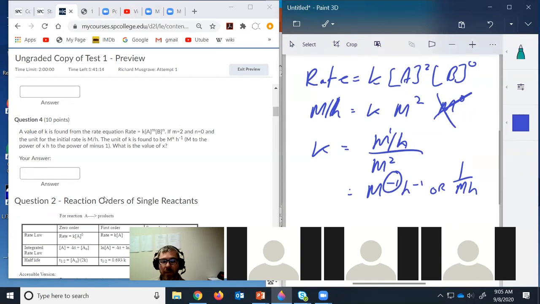All right, any questions? So remember, this comes from 2 rules here. A to the x times a to the y equals a to the x plus y. And a to the x over a to the y equals a to the x minus y.